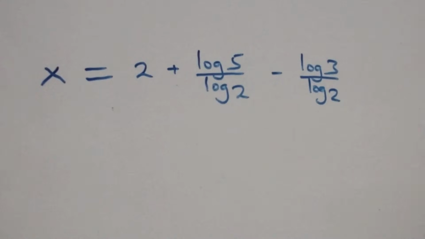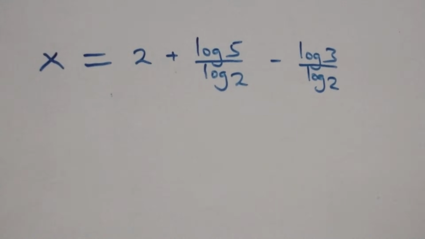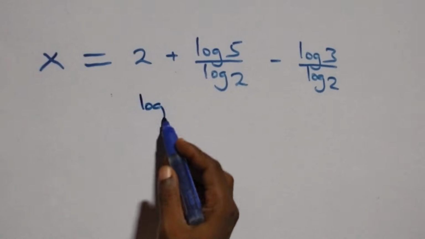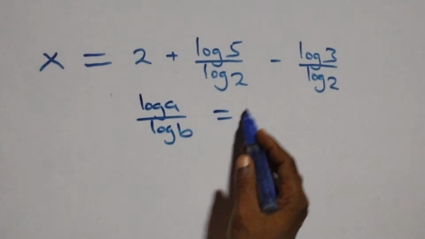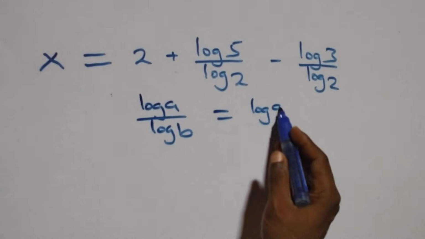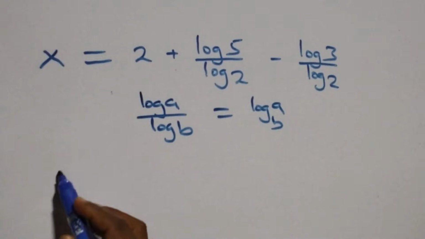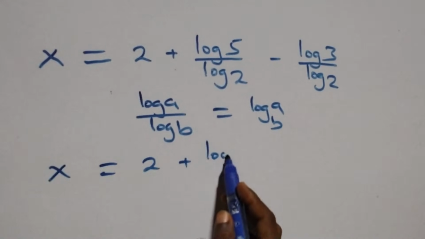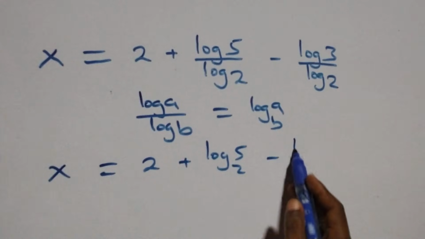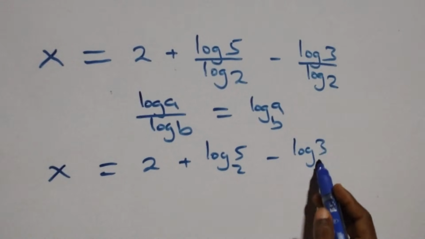Then, next step here, we apply change of base. When we have log A over log B, this is the same thing as log A to base B. What we have here becomes x equals 2 plus log 5 base 2 minus log 3 base 2.